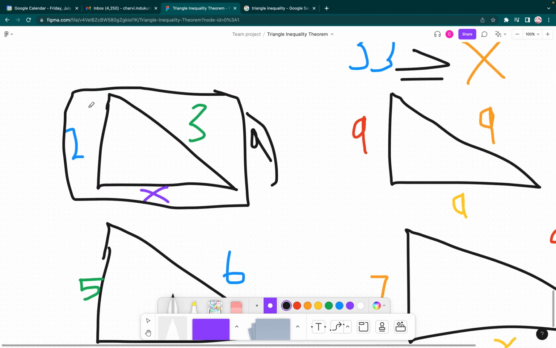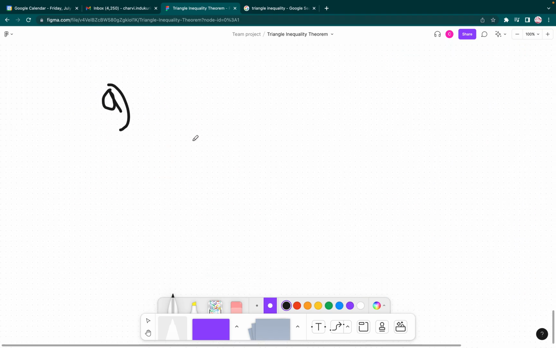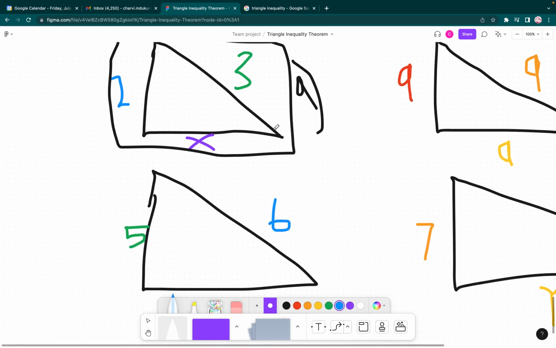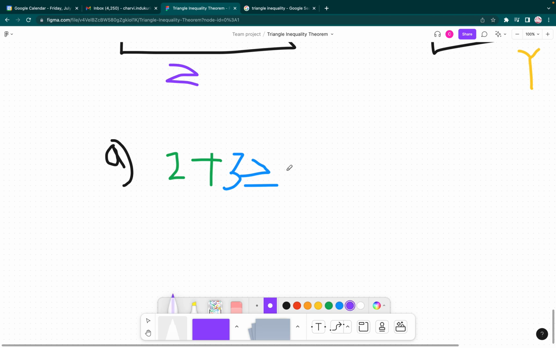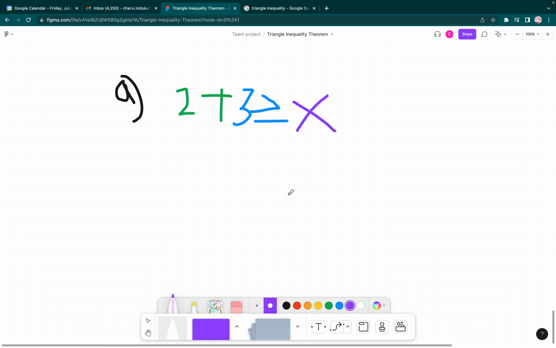So 2 and 3 are the sides, so we're gonna write 2 plus 3 is greater than or equal to x. How do we solve this?